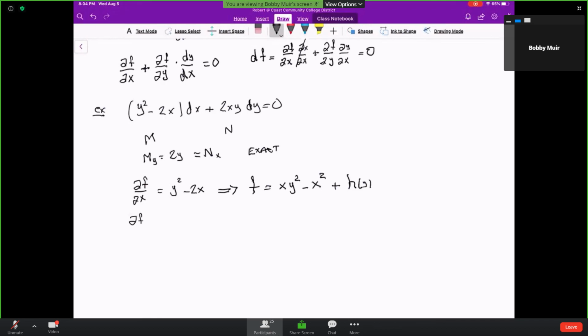So then I go partial f partial y, and that's going to be 2xy plus h prime of y, and that is going to equal the n, which is 2xy. So this says that h prime of y is equal to 0.